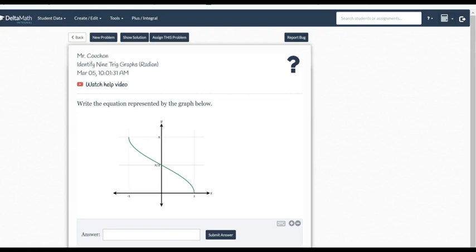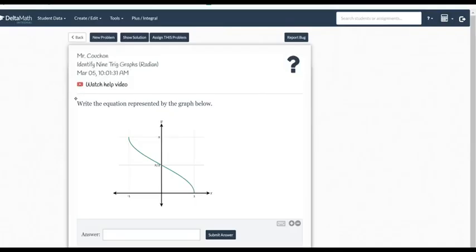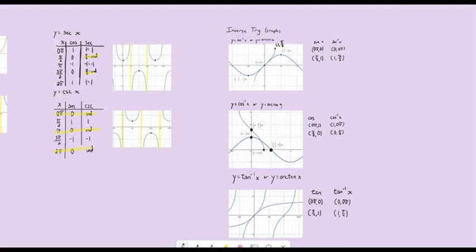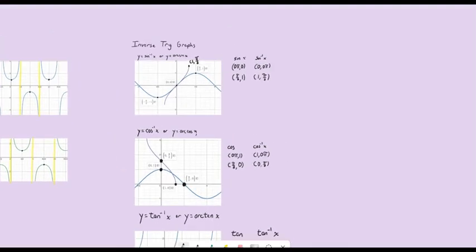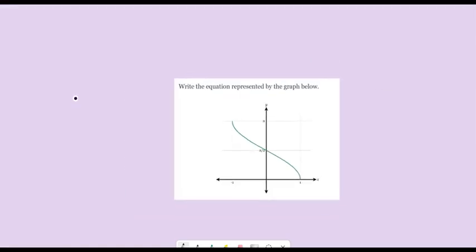Okay, so write the equation represented by the graph below. What we can see right away here, I'm just going to grab a screenshot. We know it's an inverse trig function. So in this one, we can see that when x is 0, we have an output of pi over 2.